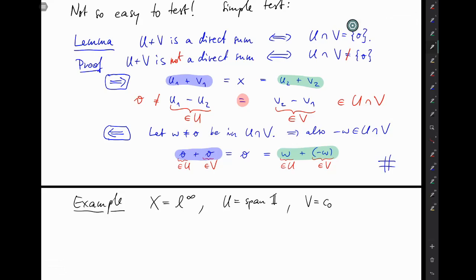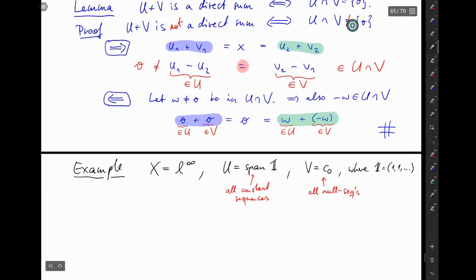Okay, and this boldface 1 denotes the sequence that is constant 1, 1, 1, and so on. So the span of this element is just the set of all multiples of that element, which must mean the set of all constant sequences. Okay, and just to remind you, c0 is the set of all null sequences.